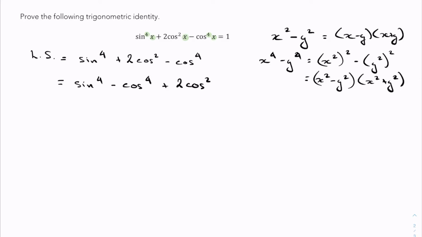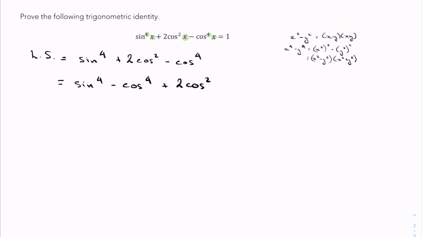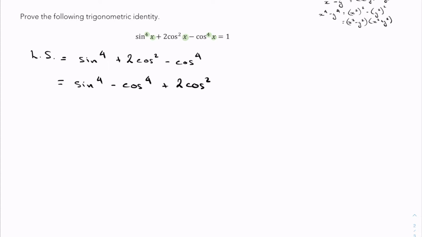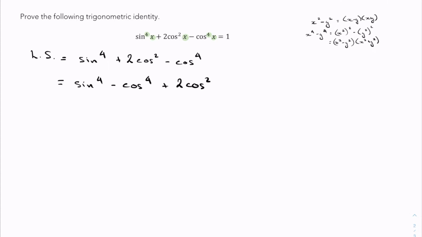And that is the idea that I'm going to use for these two guys over here. Okay, it is a difference of powers of 4, so to speak. So let me just minimize this a little bit, shrink it, and put this idea over here.